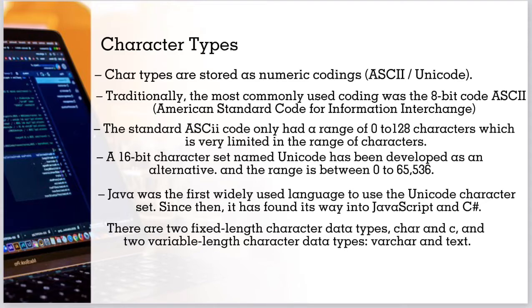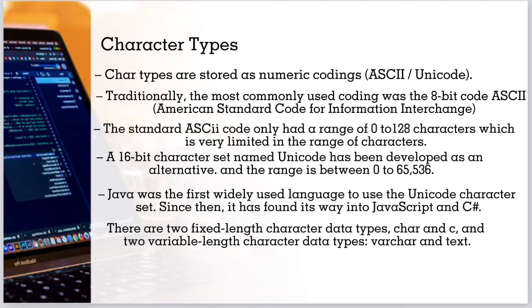A 16-bit character set named Unicode was developed as an alternative, with a range between 0 and 65,536. Java was the first widely used language to use the Unicode character set. Since then, it has found its way into JavaScript and C#.